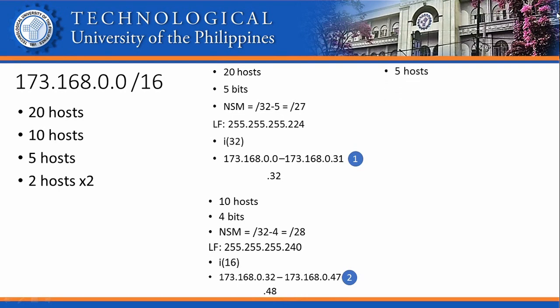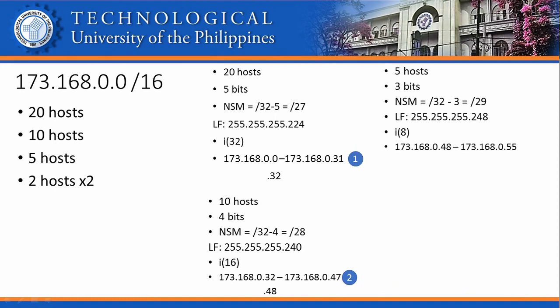And for the third one, we have 5 hosts. Ilang bits? It has 3 bits. And for our new subnet mask, we have /29. Okay? Convert natin sa long format. May 255.255.255.248, no? And ang increment niya is 8. This time, saan tayo mag-i-start? Ano yung magiging network address natin? Yun, yung 48, okay? 0.48. So, we have 173.168.0.48.